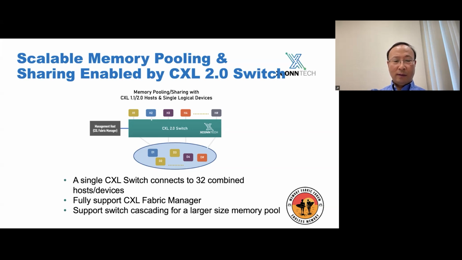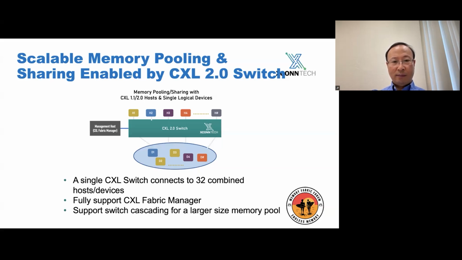On the very left side, there is a management host running a function called the fabric manager. This is a spec-defined function in the CXL spec. With this kind of architecture, memory pooling and memory sharing can be enabled. Right now, a single switch can have up to 32 ports.